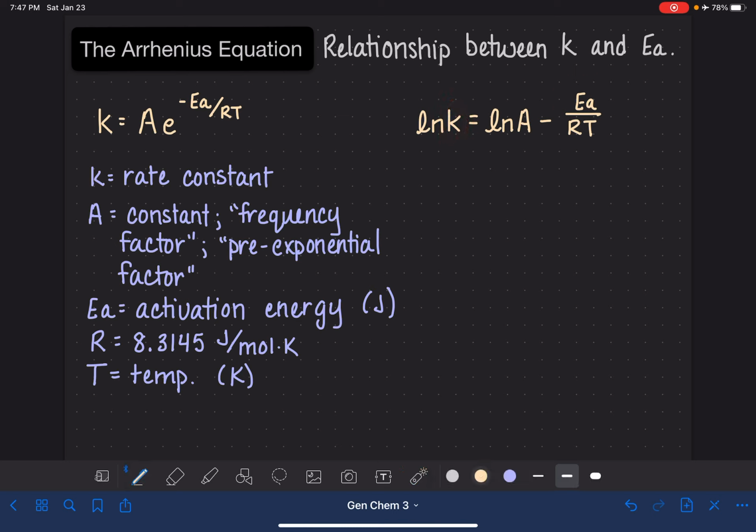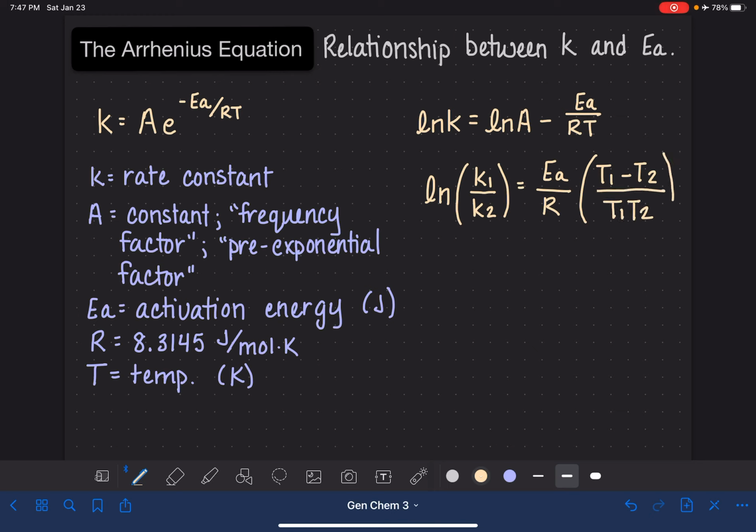Now, there's a third version of this equation that we use if we want to be calculating how changing temperature has an effect on the rate constant. So in this equation, which is going to look kind of like this equation right here, we're going to take the natural log of rate constant 1 over rate constant 2, and that's going to be equal to E sub A over R times T1 minus T2 over T1 times T2.